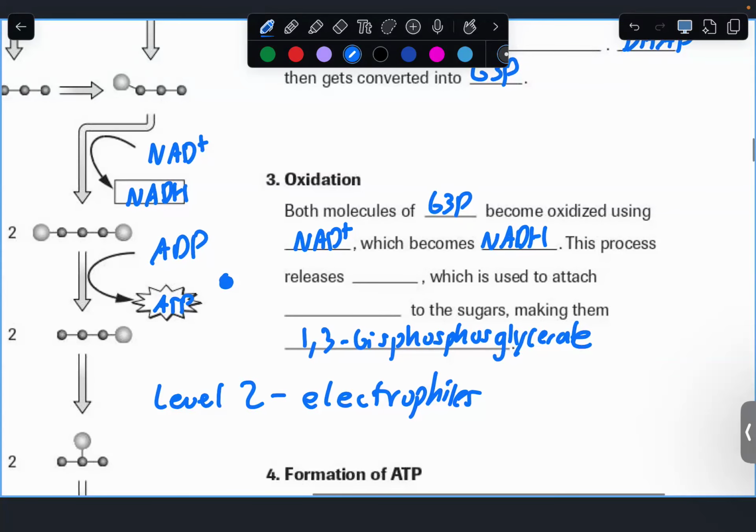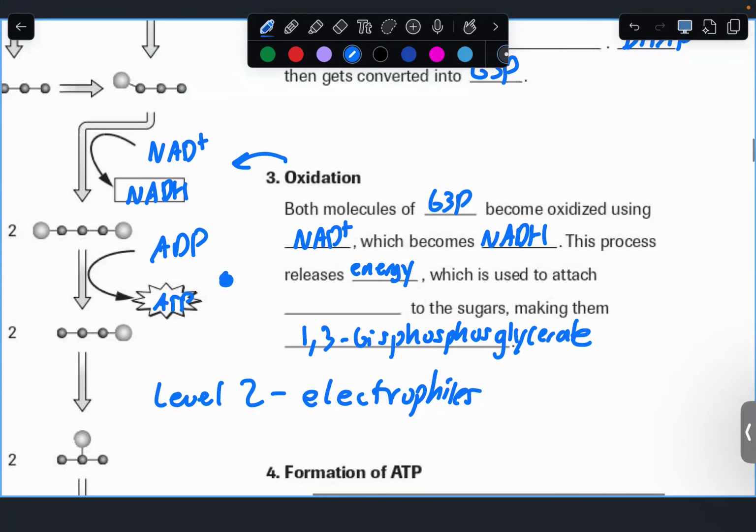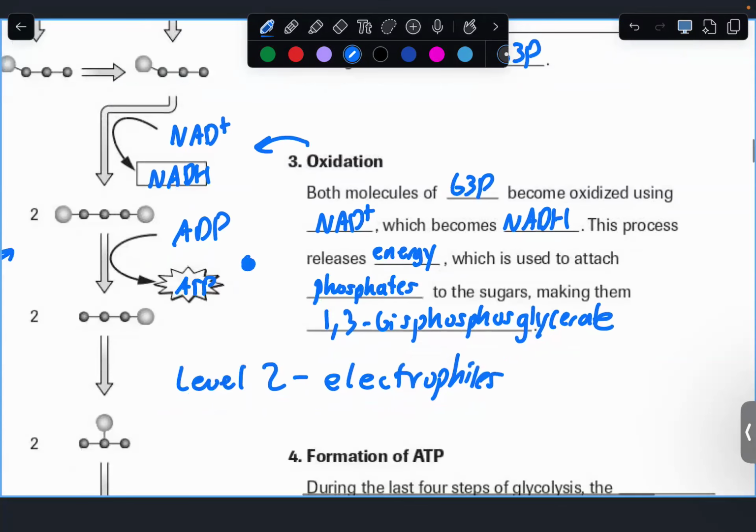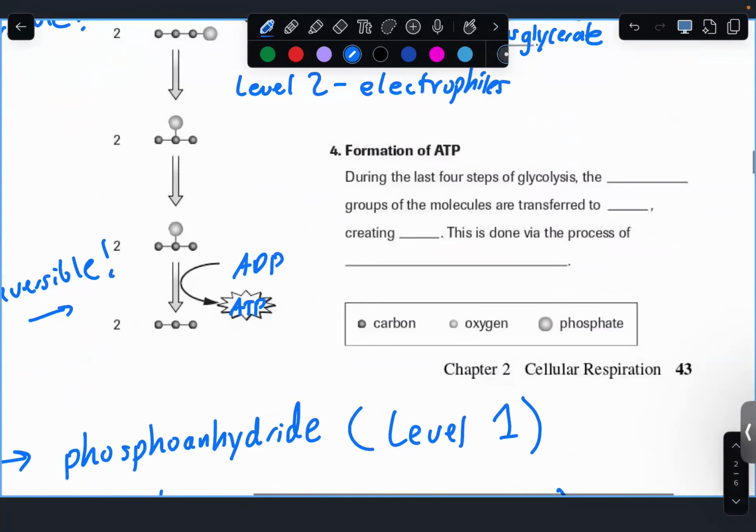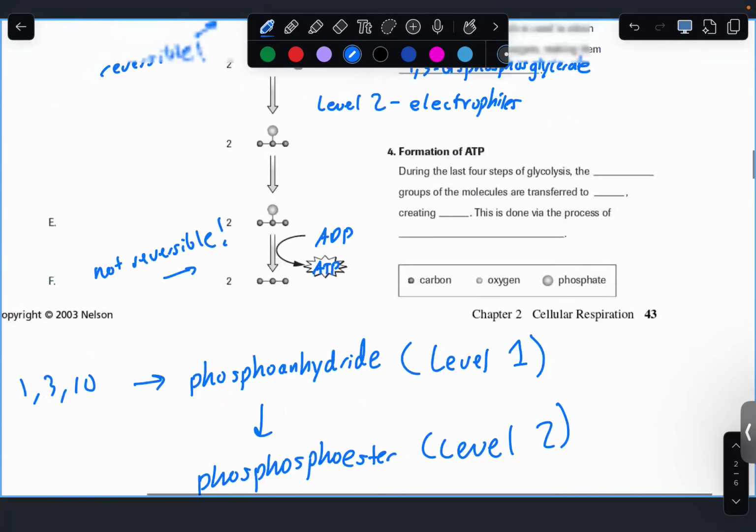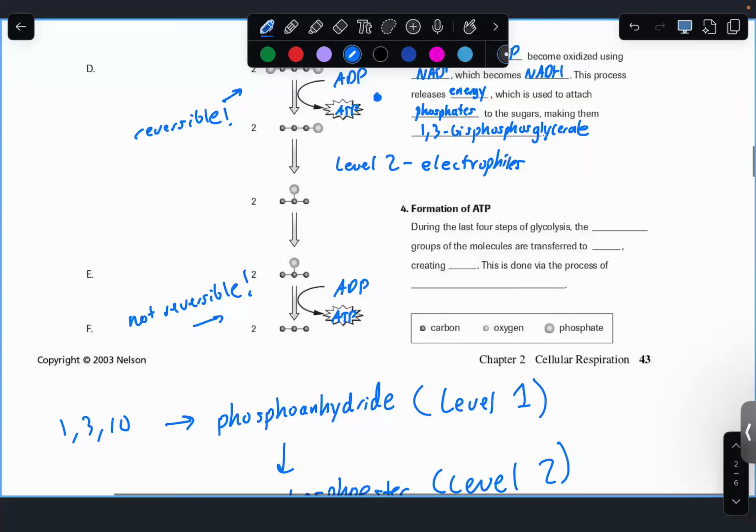This process releases energy, talking about this step right here, which is used to attach the phosphates to the sugars, making them 1,3-bisphosphoglycerate.